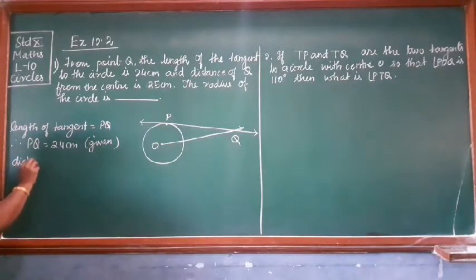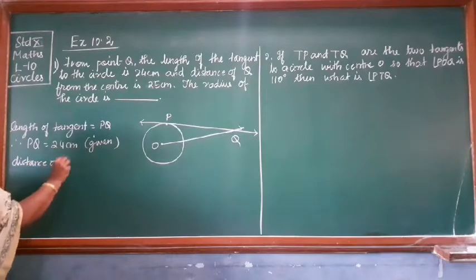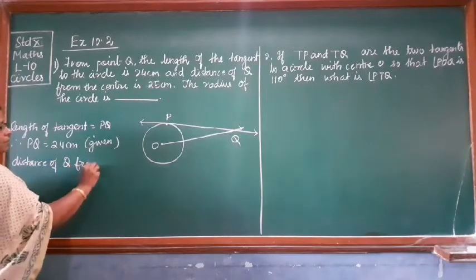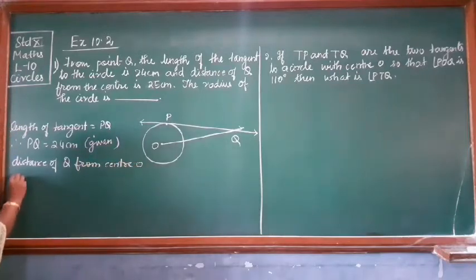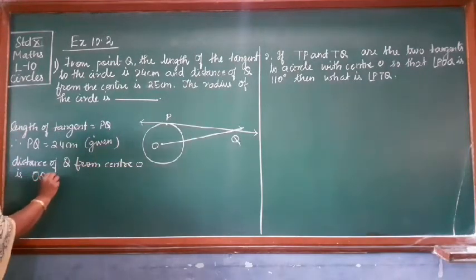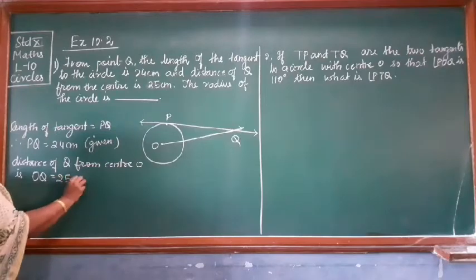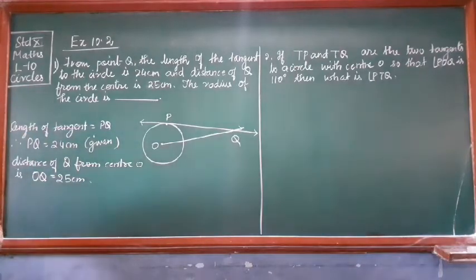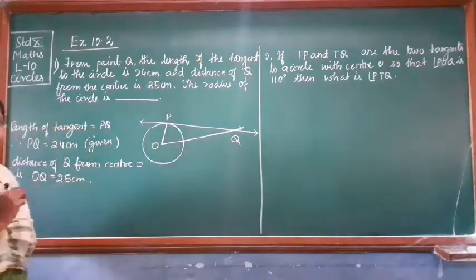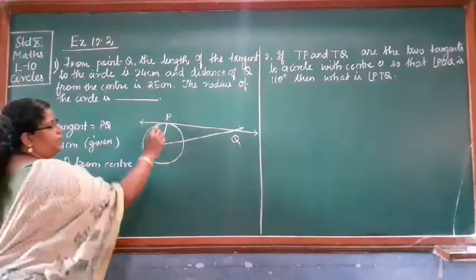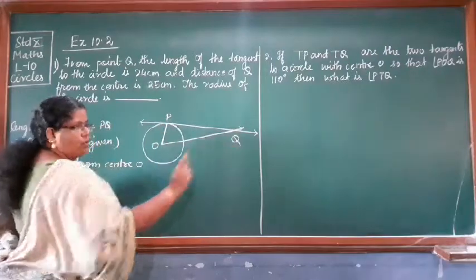So distance of Q from center O is OQ, which is equal to 25 centimeter. This is also given to you. You join PO. So now do you get a triangle POQ or OPQ?